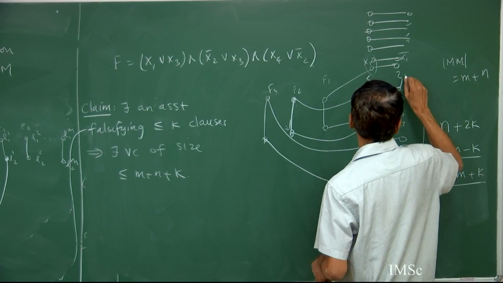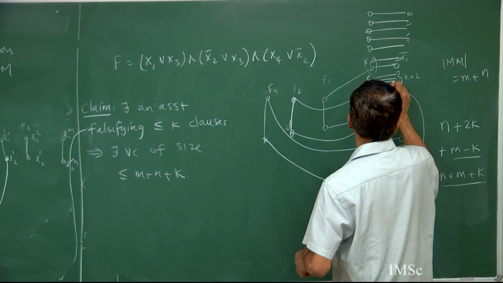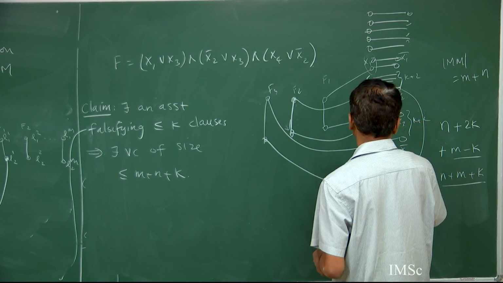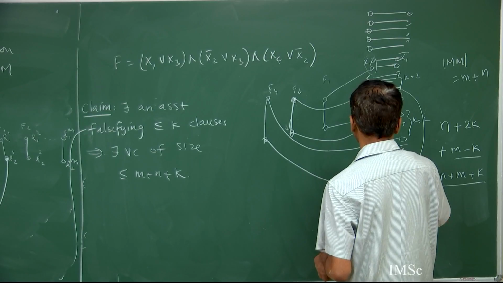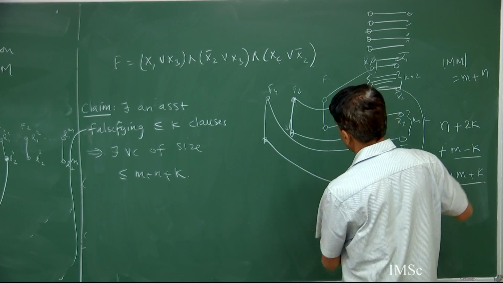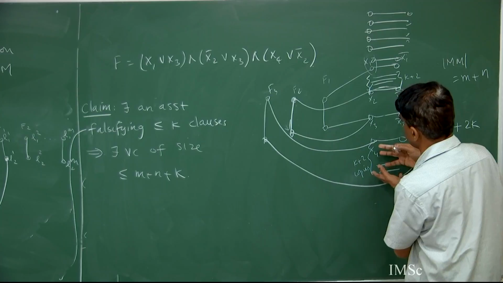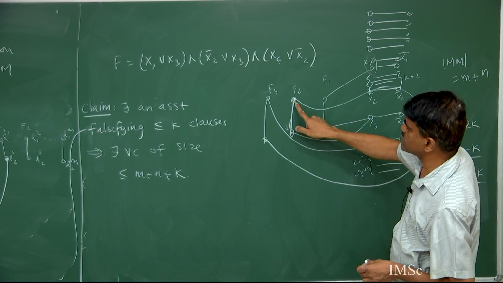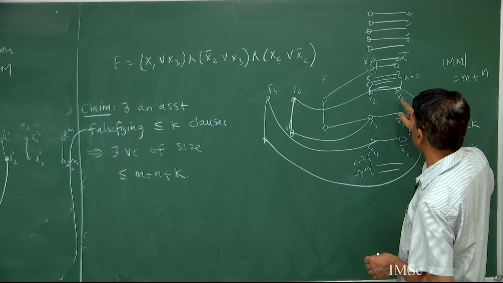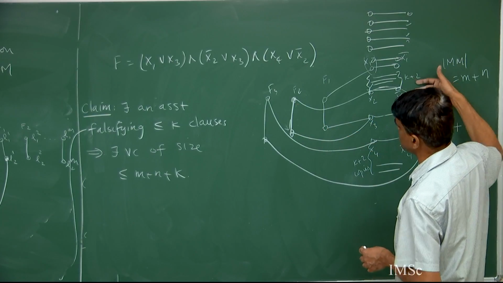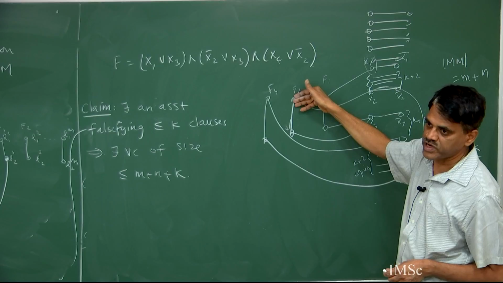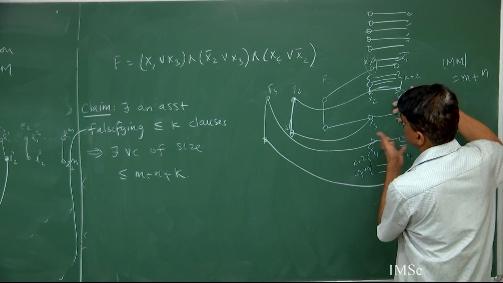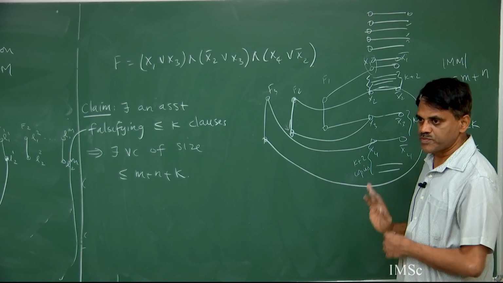So, I will take some k plus 2 copies and we will draw these edges for these guys alone. And when I draw these edges, if f2 happens to correspond to x2 bar, then all x2 bars will get attached to this vertex. And if this corresponds to some other thing, all of those will get attached to that. So, that is my construction.